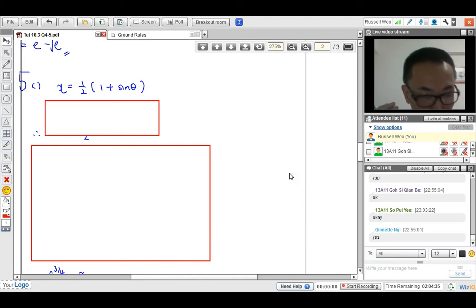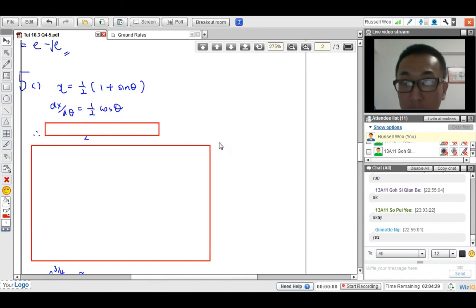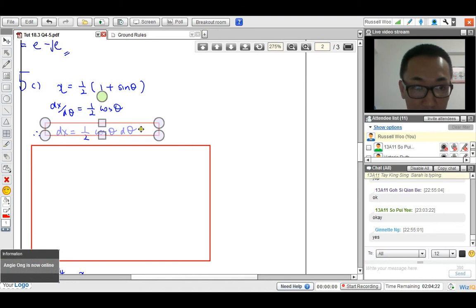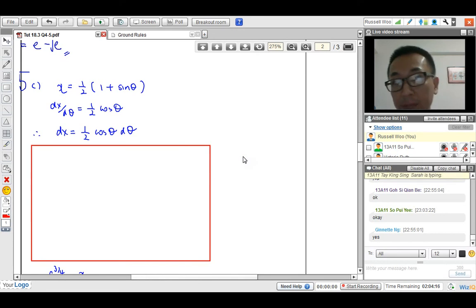Don't know what to do, just differentiate both sides with respect to theta, dx d theta. What is it? It should be half cosine theta. Therefore dx is half cosine theta d theta.